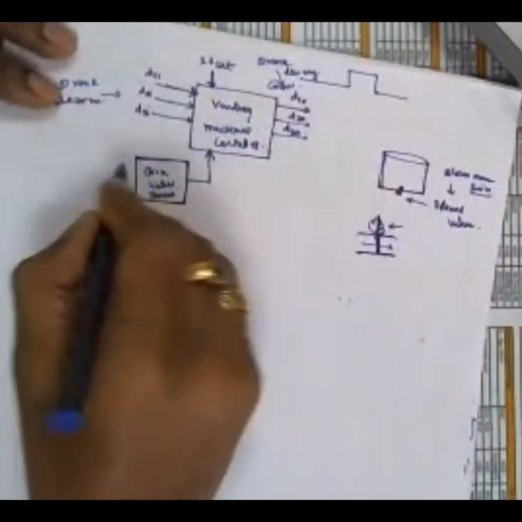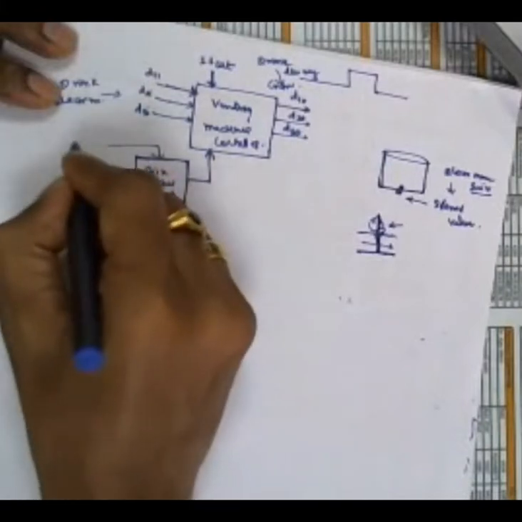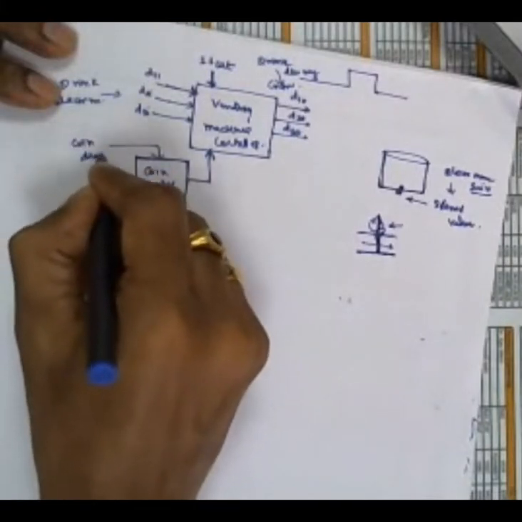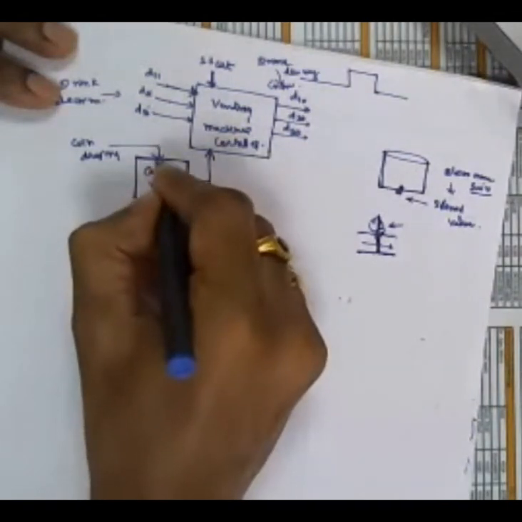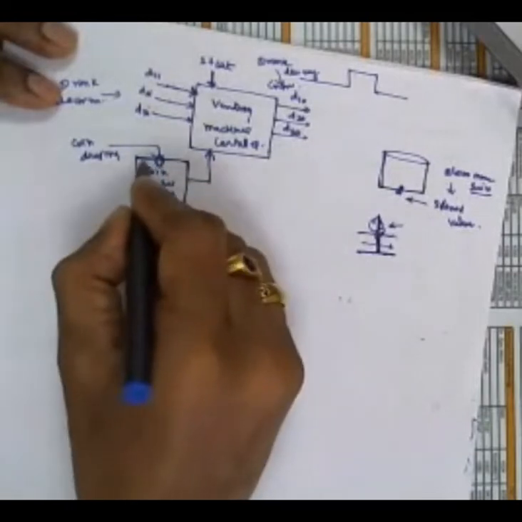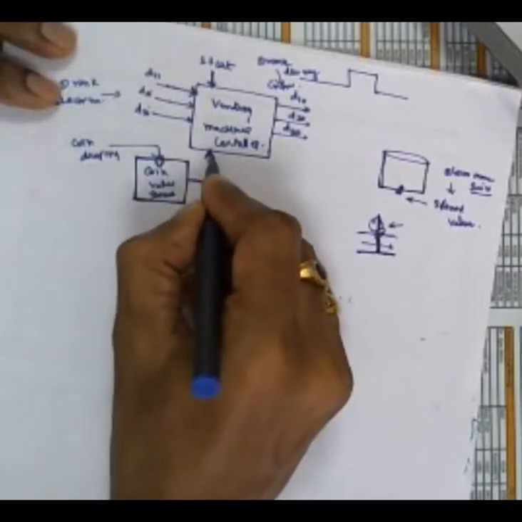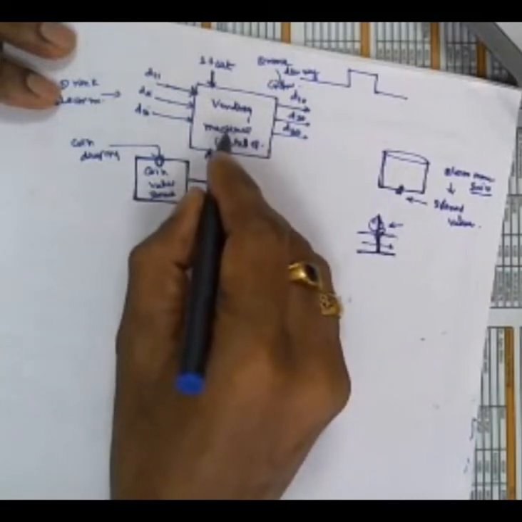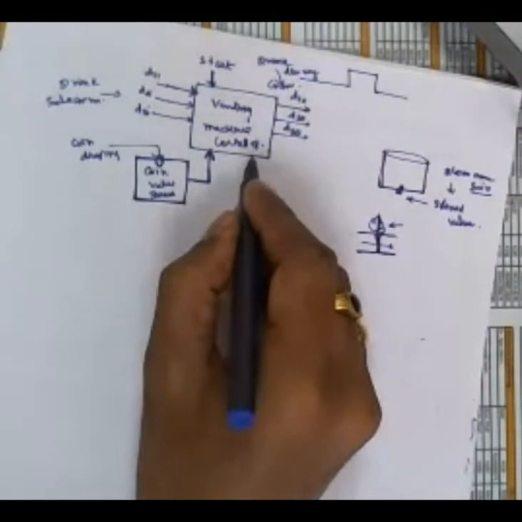So anyway, the user is dropping the coin here, right? The coin drop hole is there. He is dropping the coin, and then this sensor will give the value into this FPGA. So maximum we are looking for 5 rupees, right?